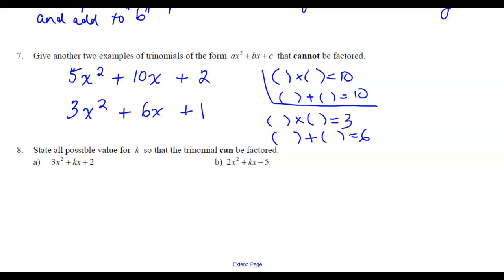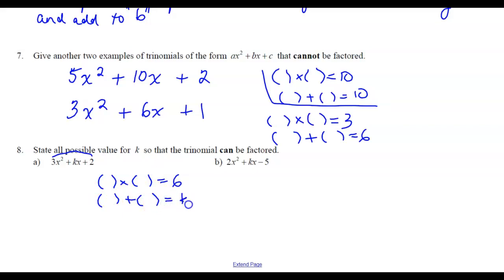And then it says in 8, state all possible values for k so that the trinomial can be factored. So take a look where k is. K is the b value. So we know we need two numbers that multiply to 6 and add to k, the coefficient of x.